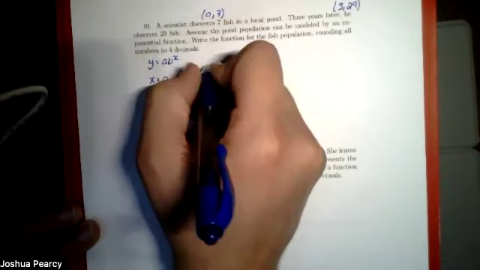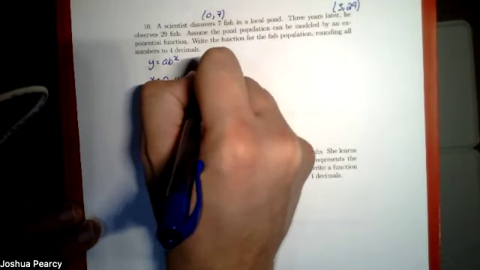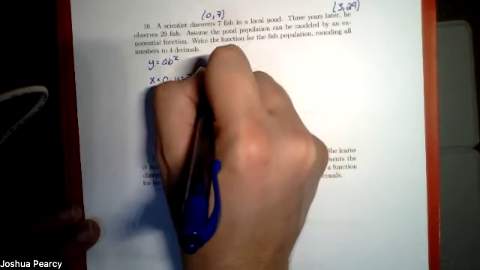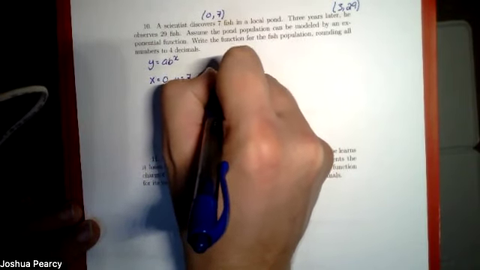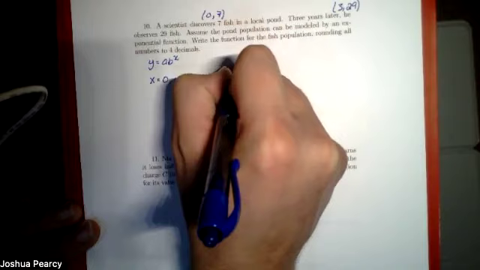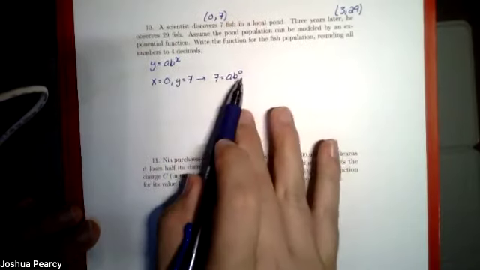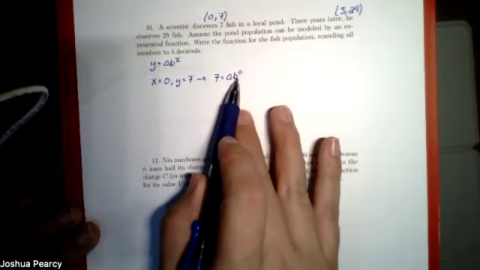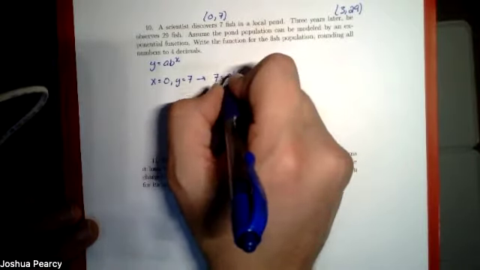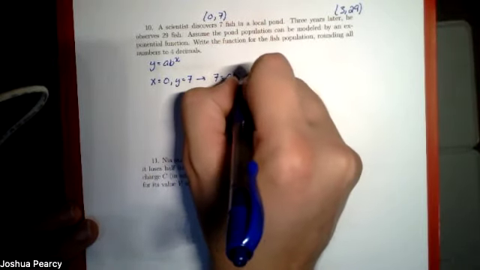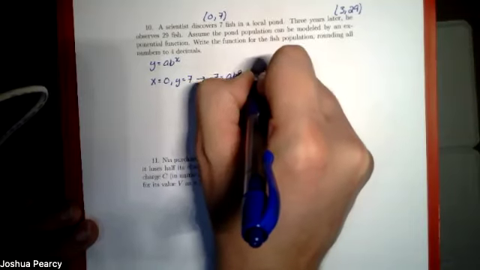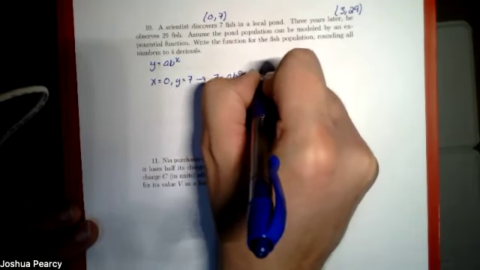So 7 equals a times b to the 0. But again, b to the 0 is just 1. So this is saying a times 1, which is just a. So we have a is equal to 7.